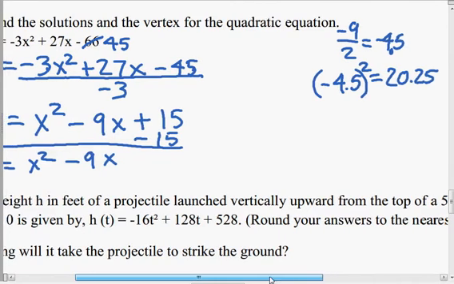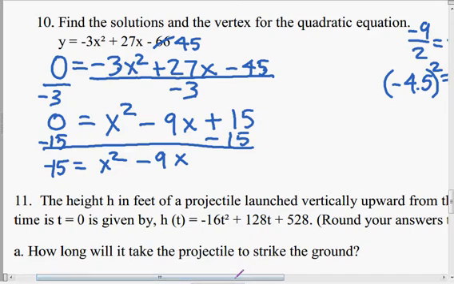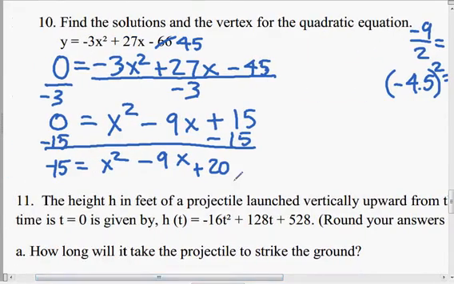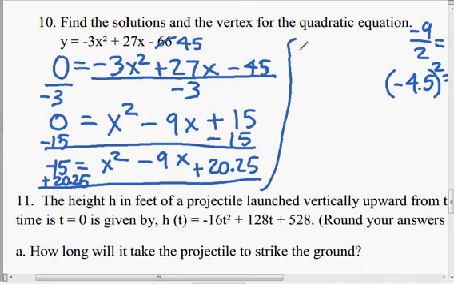So to have a perfect square binomial, I have to have 20.25 on the right-hand side. So I add 20.25. When I add those, I'm going to take this and move it up here.